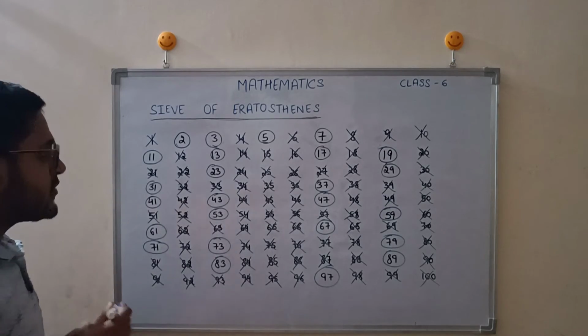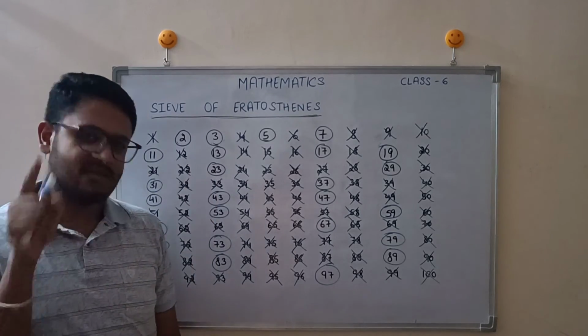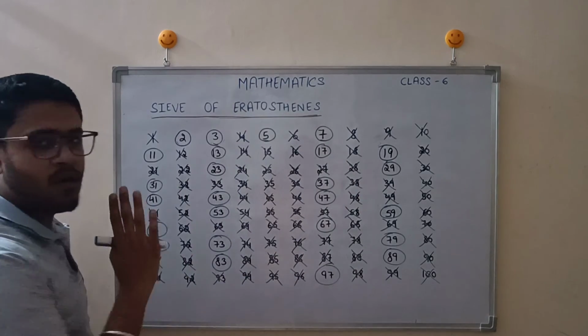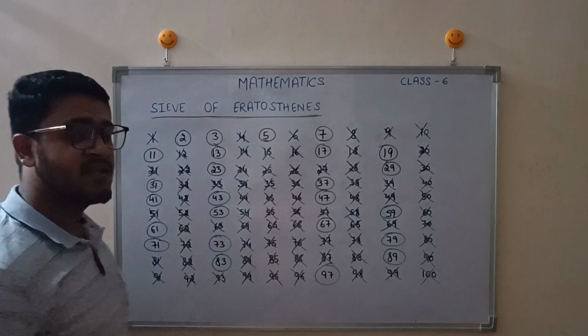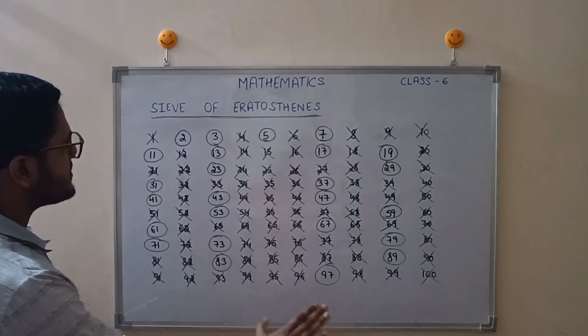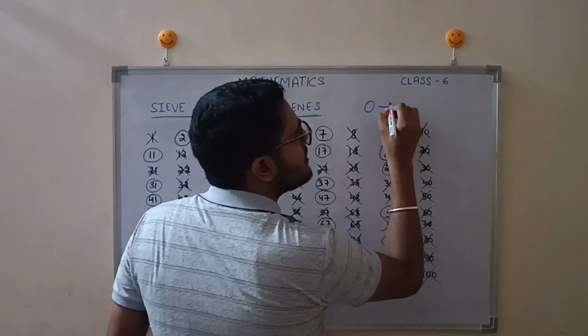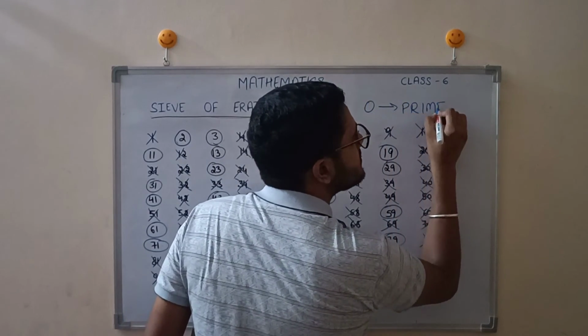After doing all this, we continued this process until we have all the numbers either encircled or crossed out. So after preparing all this, what the sieve of Eratosthenes says is that the numbers which are marked with a circle are all prime numbers.